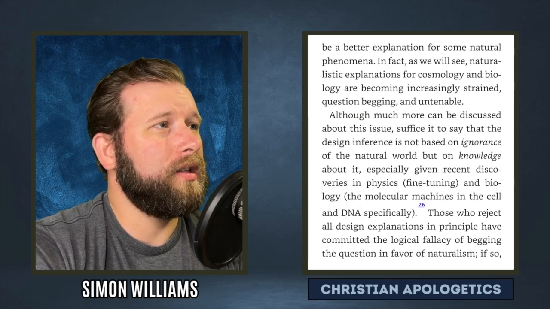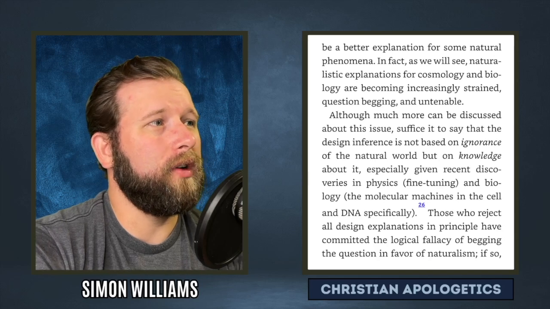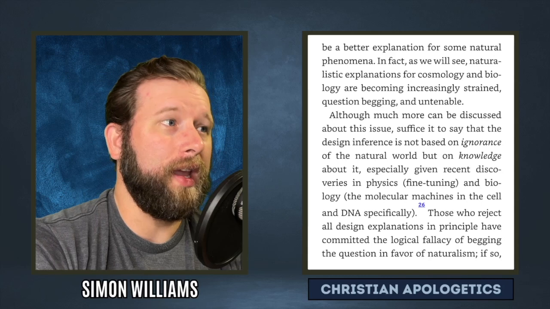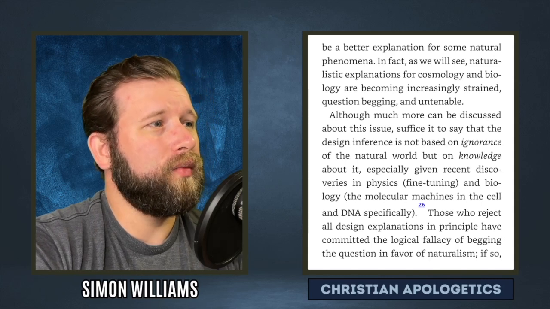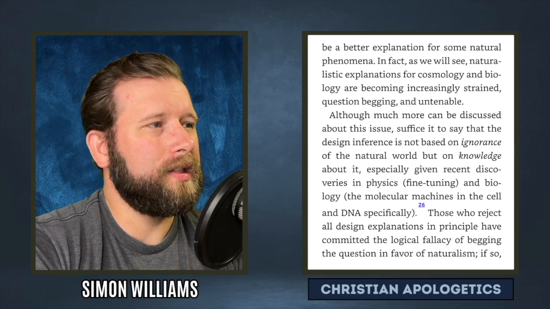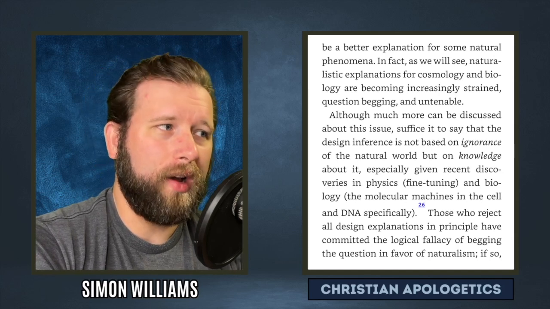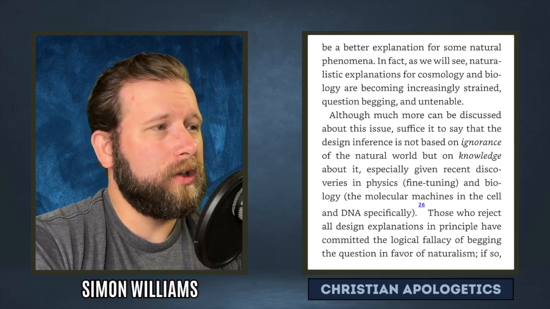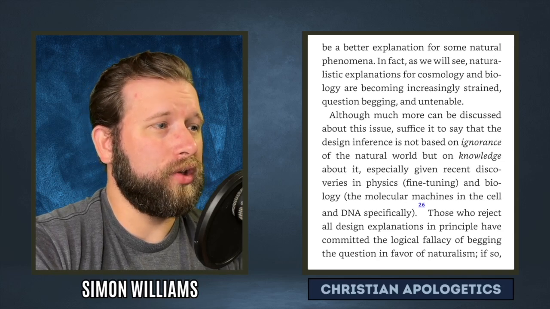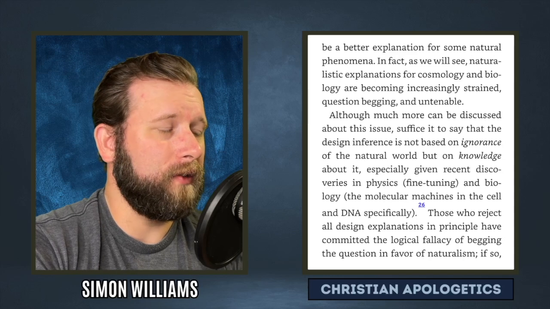In fact, as we will see, naturalistic explanations for cosmology and biology are becoming increasingly strained, question-begging, and untenable. Although much more can be discussed about this issue, suffice it to say that the design inference is not based on ignorance of the natural world, but on knowledge about it, especially given recent discoveries in physics, fine-tuning, and biology, the molecular machines in the cell and DNA specifically.